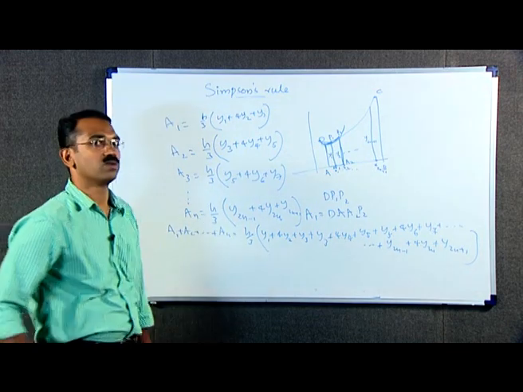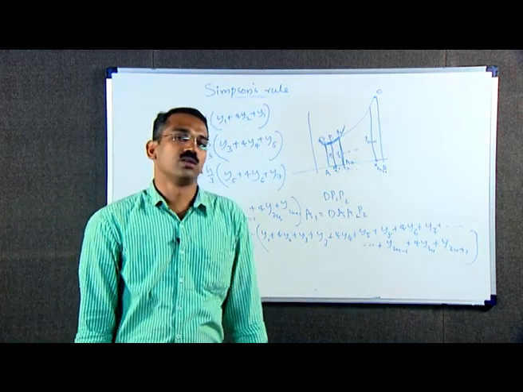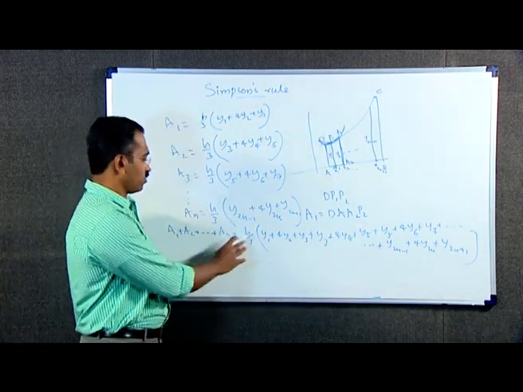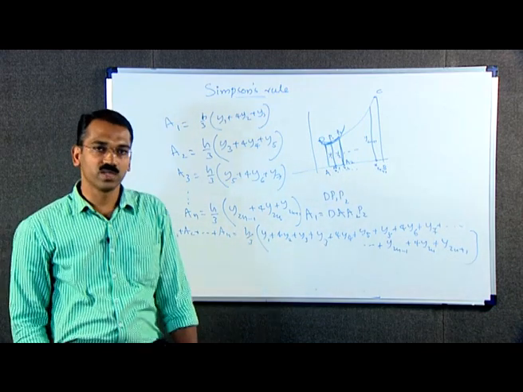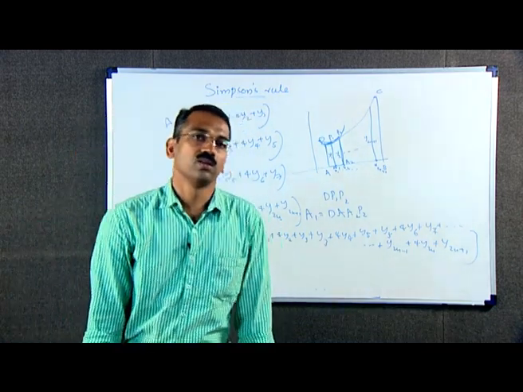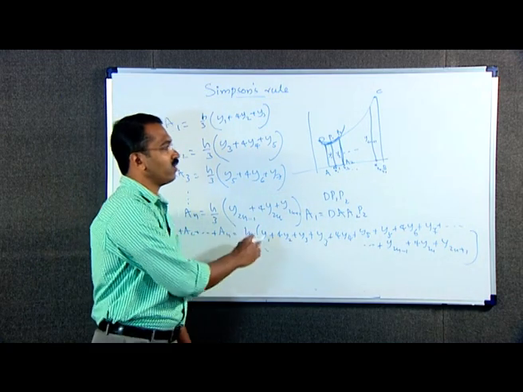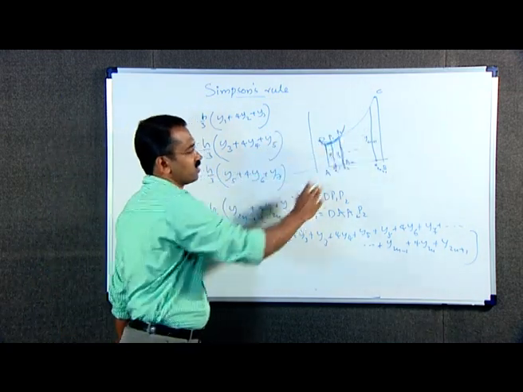H by 3 is common. The total area is equal to this, which is approximately equal to the actual area.